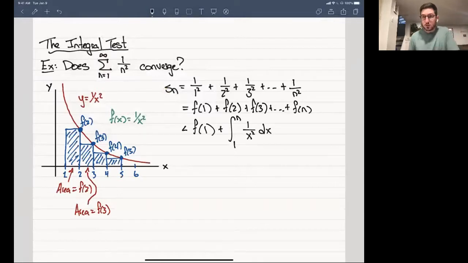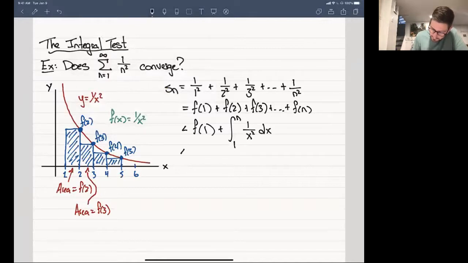Why? Because if you discretize that integral with delta x equal to 1, you get the rectangles that I have drawn on the picture. The f of 1 is in there because I never went up to f of 1. But that's fine. That's just the first number. That doesn't bother us.